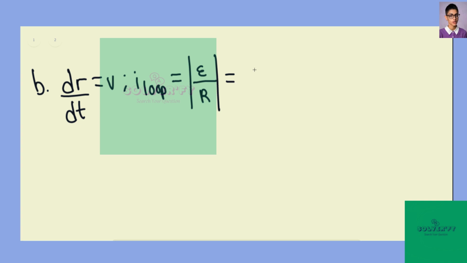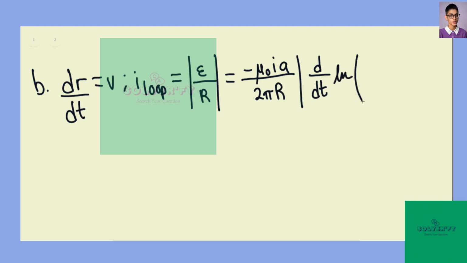This is going to be equal to negative mu naught I a divided by 2 pi R. And then we'll have that times the absolute value of the derivative with respect to time of the natural log of r plus b over 2 divided by r minus b over 2.